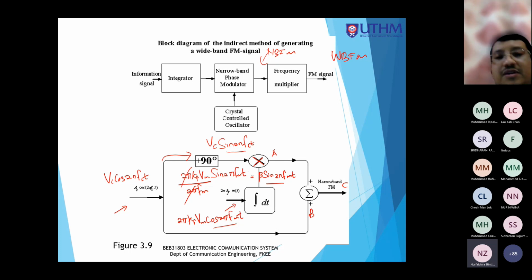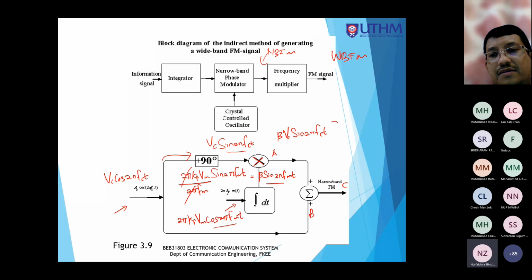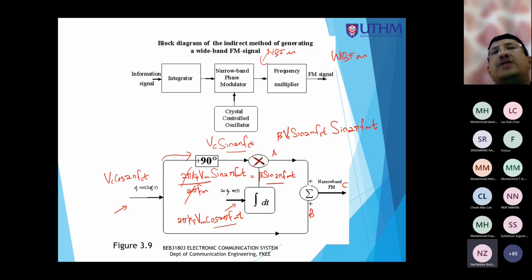So that means we will produce beta Vc sine 2π fc t sine 2π fm t. According to the trigonometry identity, sine and sine can be simplified to become cos minus cos.